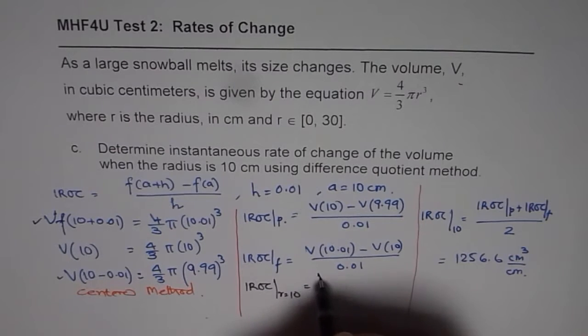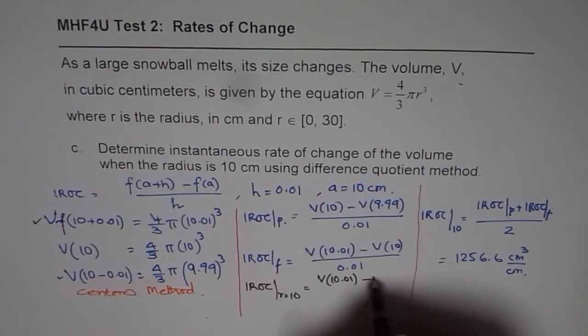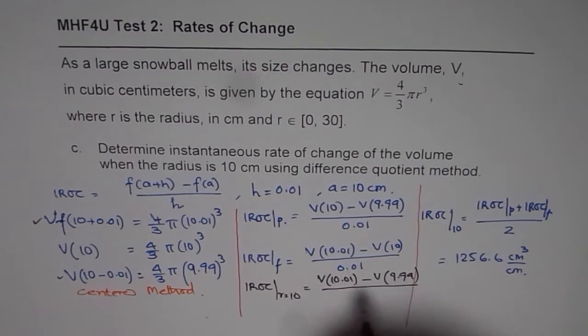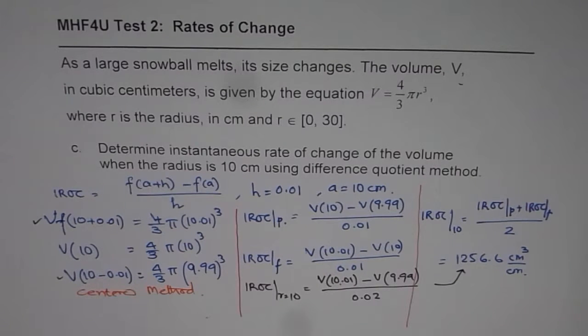So we could have said volume when it was 10.01 minus volume 9.99 divided by the difference between these two, which is 0.02. That will also give you approximately the same answer. So you could use centered method also.